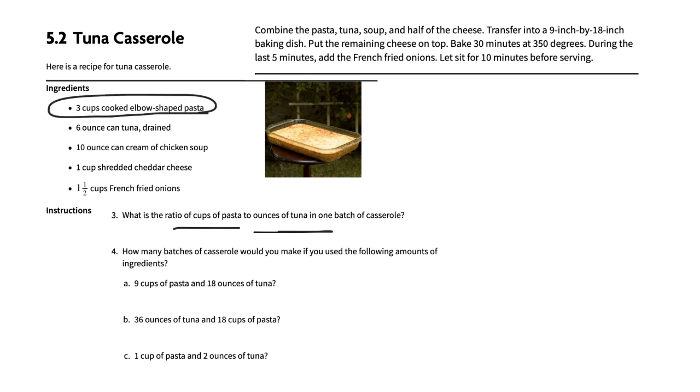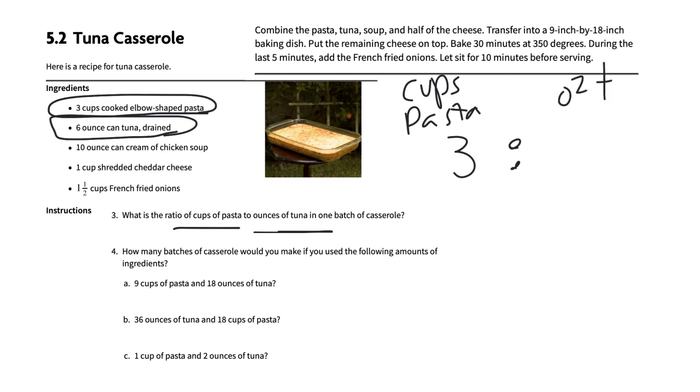So we've got cups of pasta is 3, and then the ounces of tuna. Where's ounces of tuna? There it is. So the ounces of tuna is 6. So our ratio for question number 3 is 3 to 6.